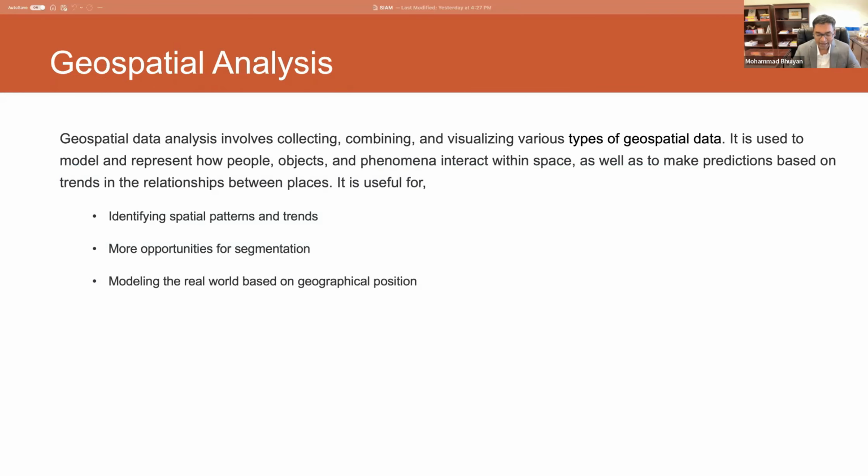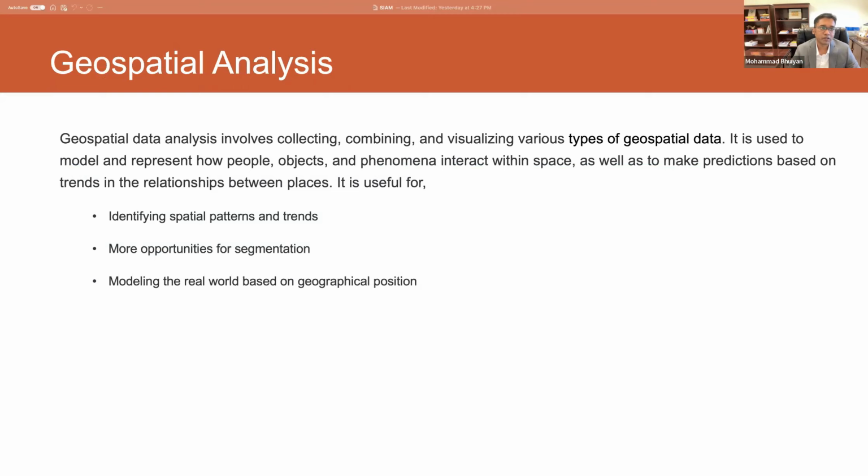However, this is a different and interesting area of research that I would like to emphasize. This is called geospatial analysis. In different literature, you can also see it called small area disease modeling. Suppose we want to see how disease varies over time and space.